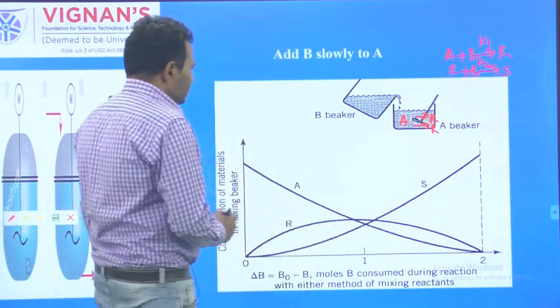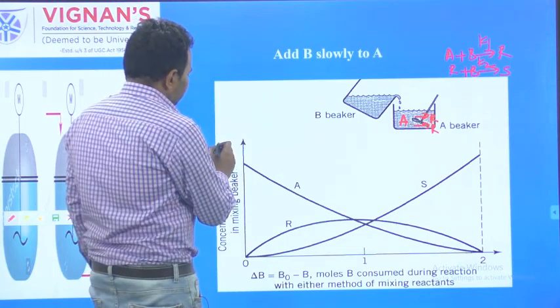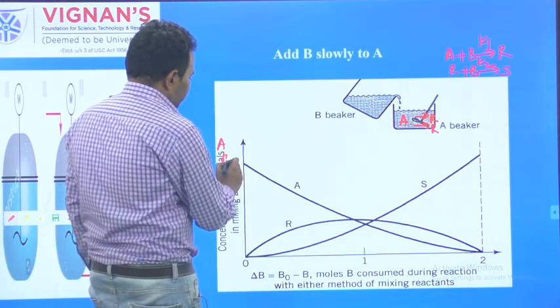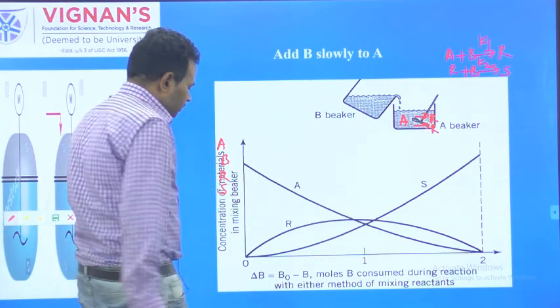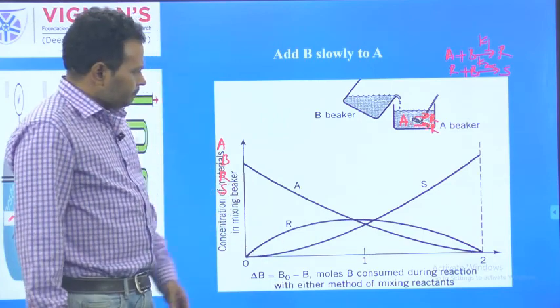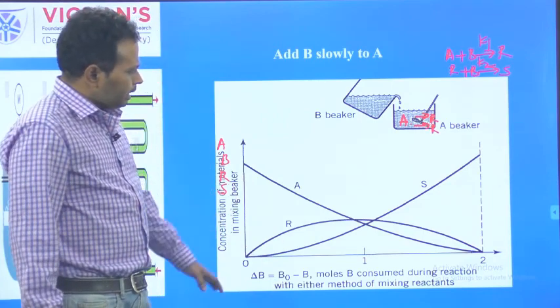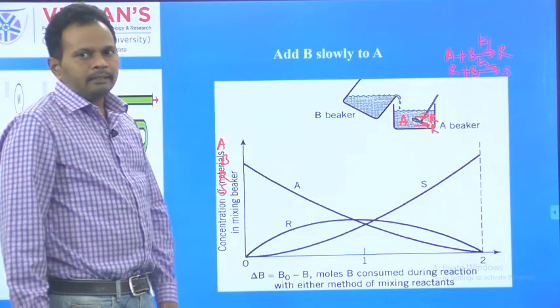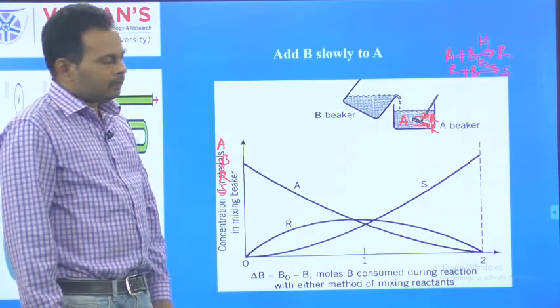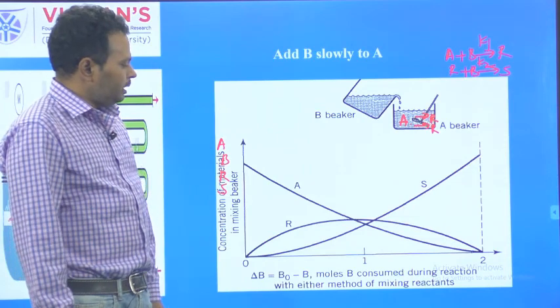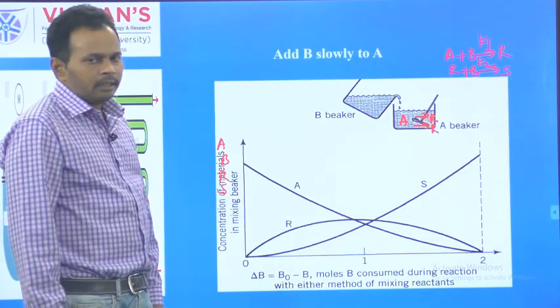So here now, similar to the earlier one, take the concentration of the reaction components A, B, R, S on the y-axis, and take the time on the x-axis, since B is being added to A. Otherwise you can take the moles of B consumed during the reaction.